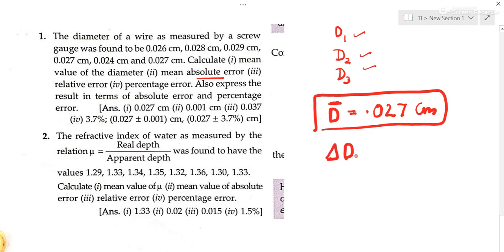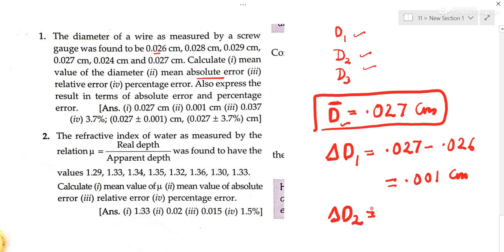Error in the first diameter. For example, its mean value is 0.027. What is the first value? Let us substitute 0.026. So subtract, it's coming 0.001. Positive answer. Okay. Then put units, centimeter. Similarly, find out the error in the second. If it is coming negative, you take it positive.